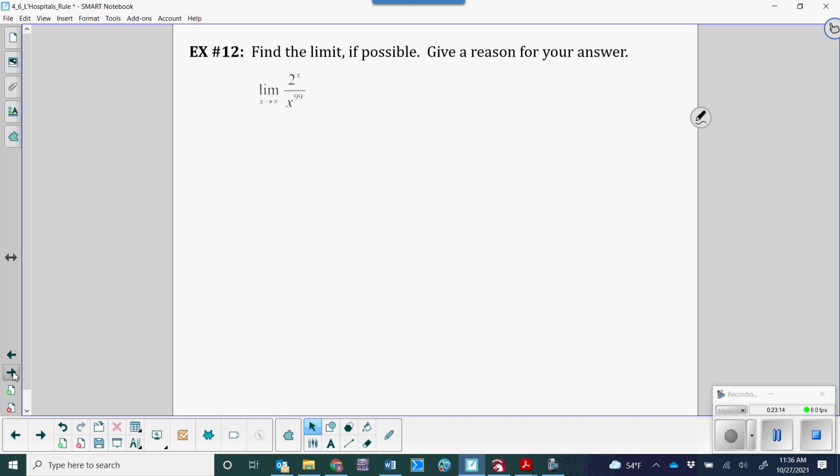So if I want to understand what's going on, it doesn't matter that this is x to the 99th. It's still a power function. The top is an exponential. Exponentials are always greater than a power function as I go to infinity. Now, not for small values, but we're not looking at small values.